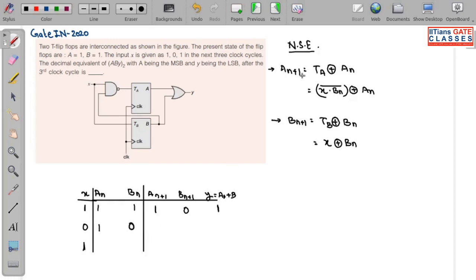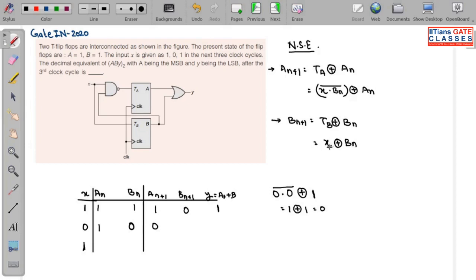Now let us calculate A(n+1) again. X now is 0, into Bn. Bn is 0, whole complement is 1, XOR with An, which is 1, so 1 XOR 1 will be 0.